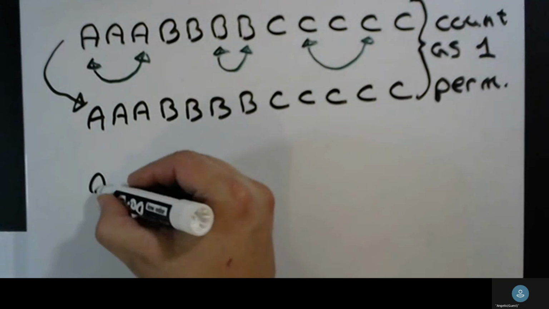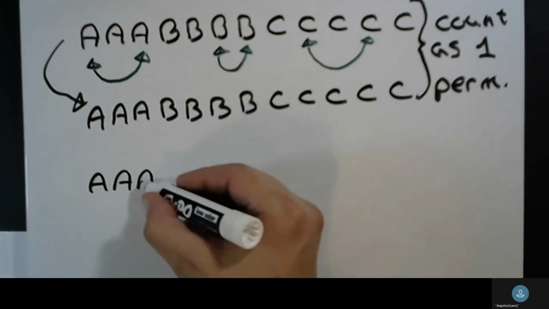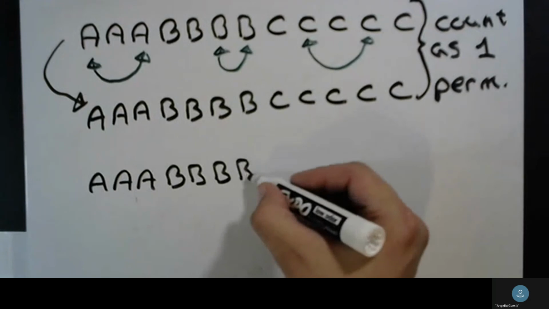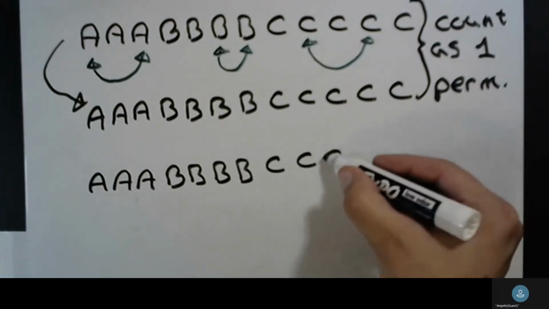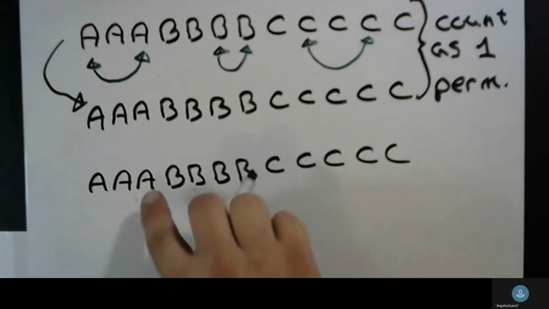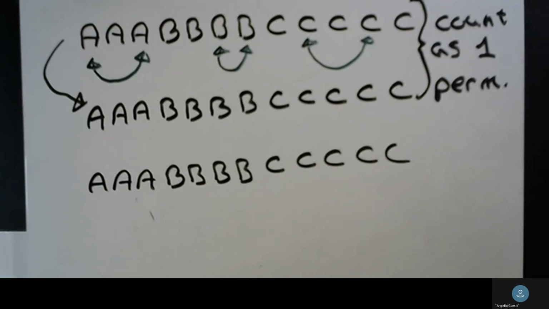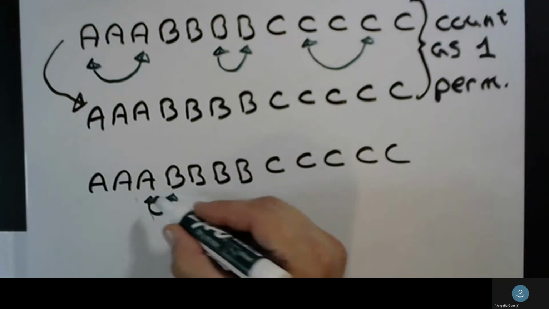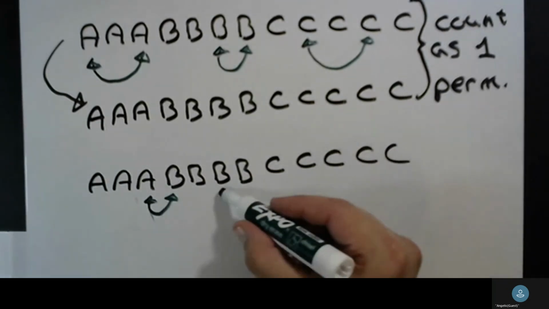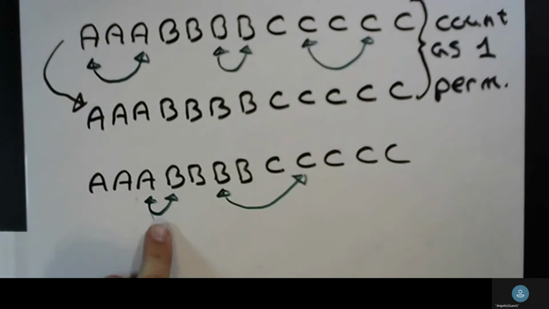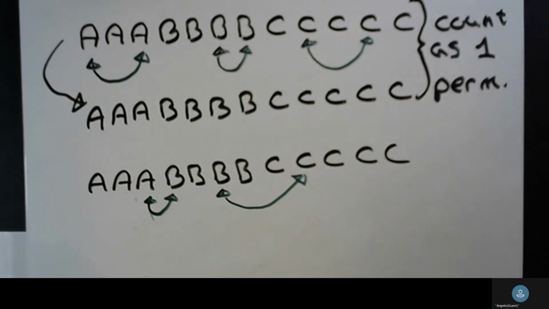But then let's say we have our first arrangement. And we switch these two letters and say these two letters. In fact, switching these two would be enough. But we're going to go the extra mile.